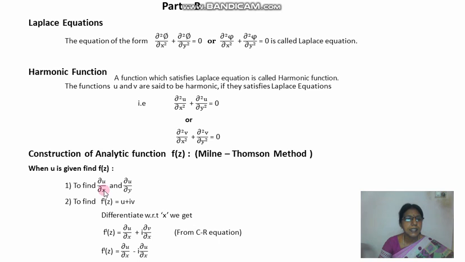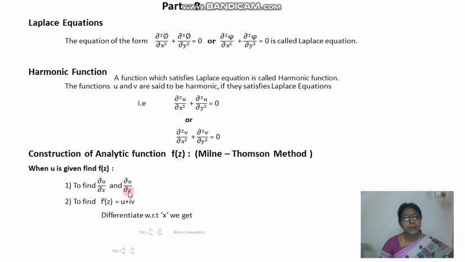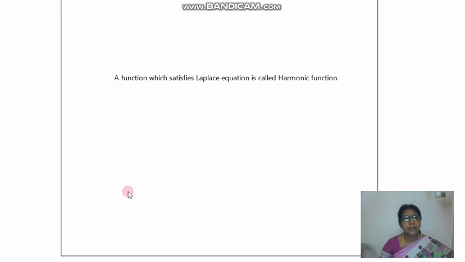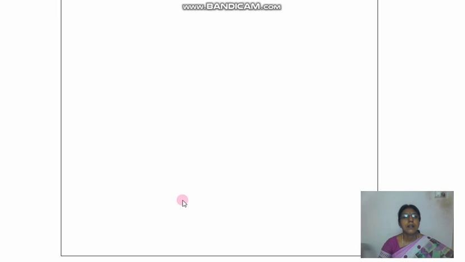We find ∂u/∂x and ∂u/∂y. Now you find ∂u/∂x, since u is given, and let this be phi 1.